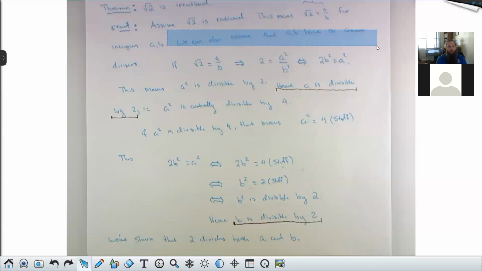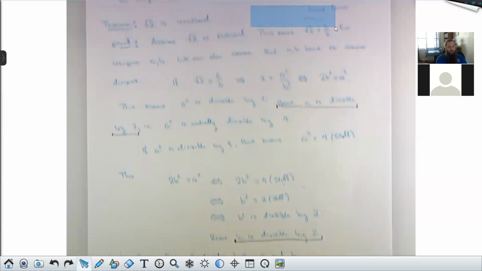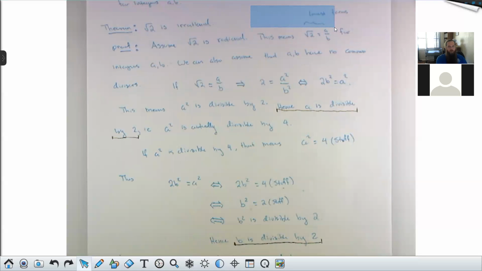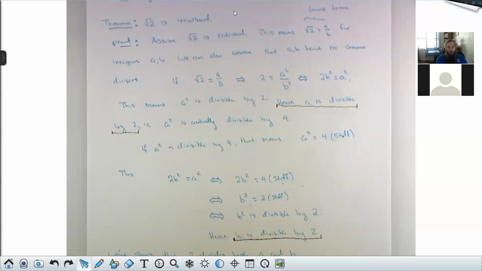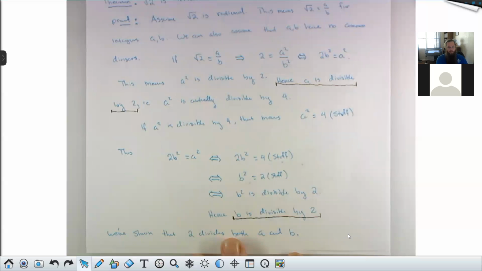We assumed that we started with a fraction in lowest terms. Right. So any fraction of integers can be written in lowest terms. And we assumed at the start of this proof that we wrote this in lowest terms. But then we were able to show under these assumptions that a is divisible by 2 and b is divisible by 2.